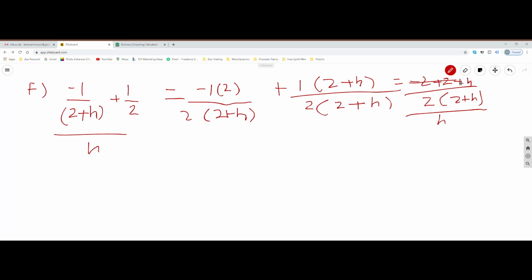So the 2's cancel, so you're left with h over 2 plus h. And since you're dividing by h, you're going to multiply by the reciprocal, 1 over h. It cancels, so you're left with 1 over 2 plus h.